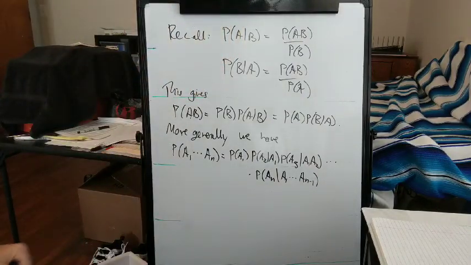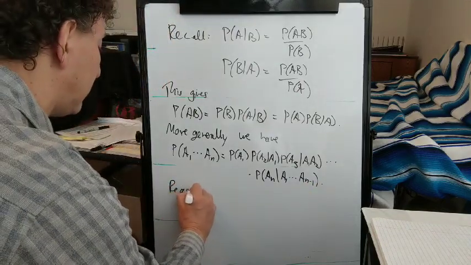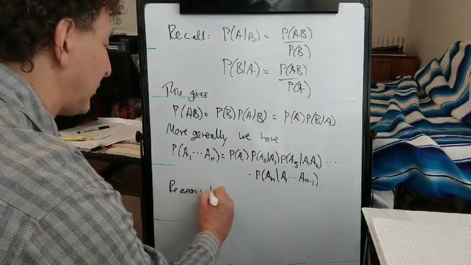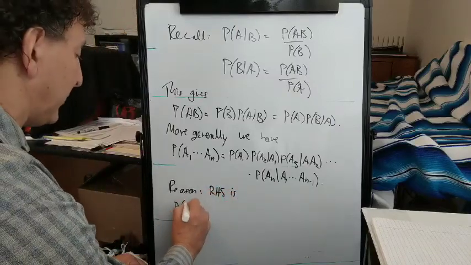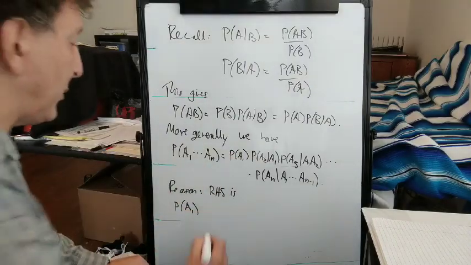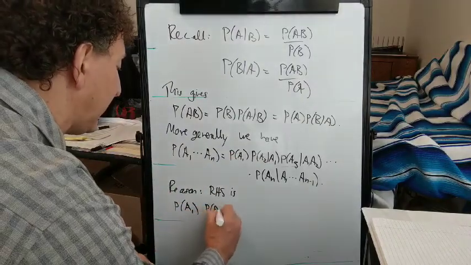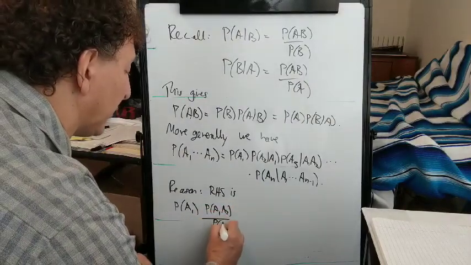And it's sort of easy to see why this is true. The reason is that the right-hand side is probability of A1 times, this is probability of A1 and A2 divided by probability of A1.